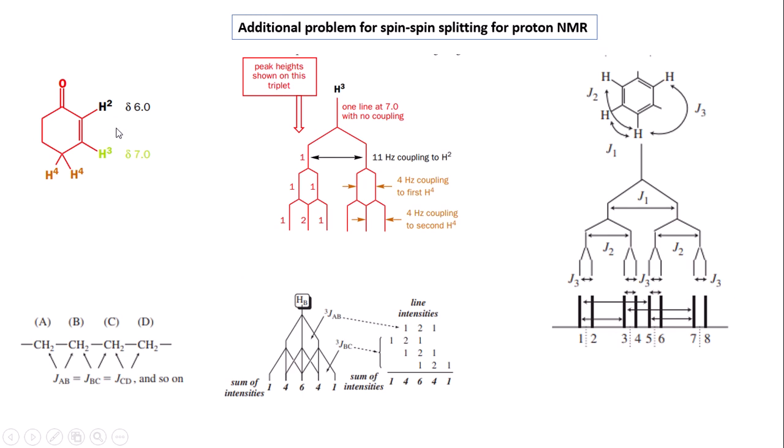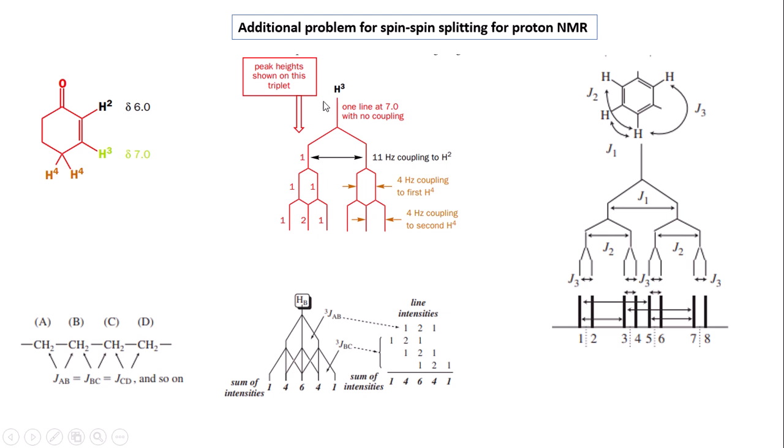And if we go to the alpha, beta unsaturated cyclohexane derivative, looking at the signaling and the spin splitting pattern, the H3 proton is split by the H2 proton as well as the H4 protons.